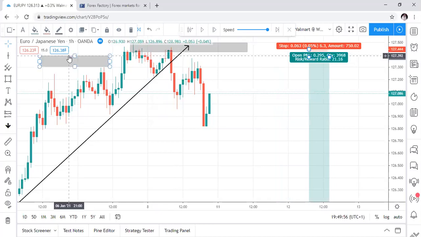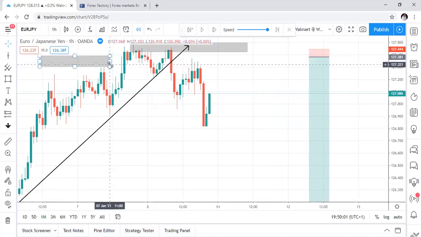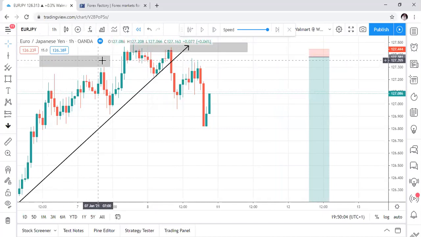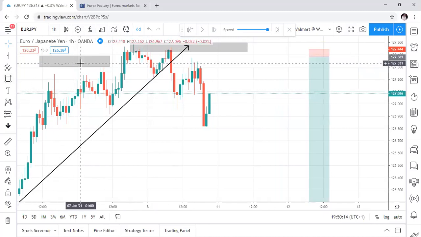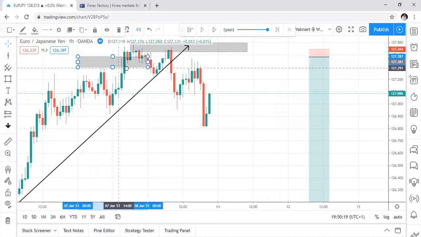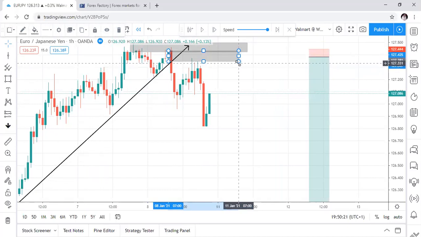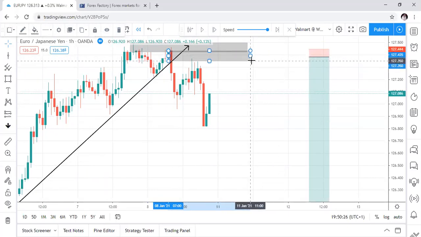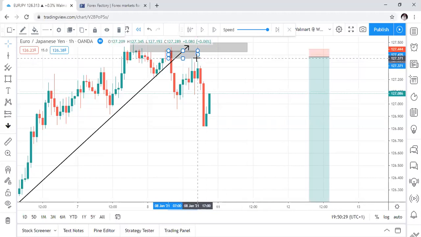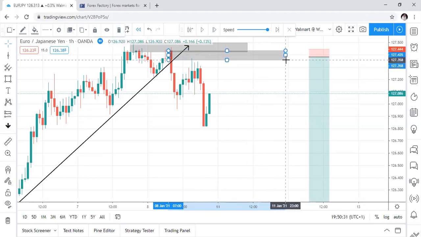That means you are going to put your this thing here in a 1 hour block. See it? So you wait for price. After the breakout, it touches it here. See the block? The block was touched.